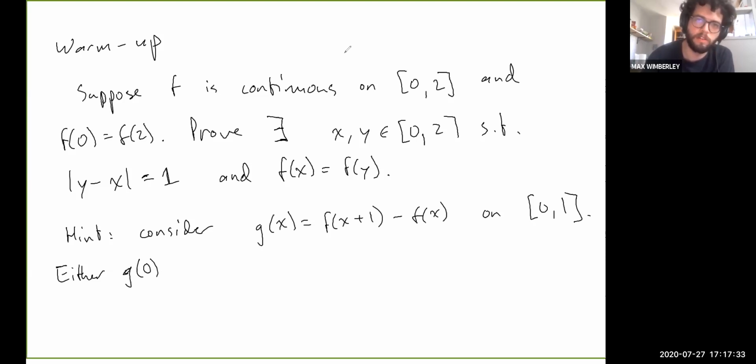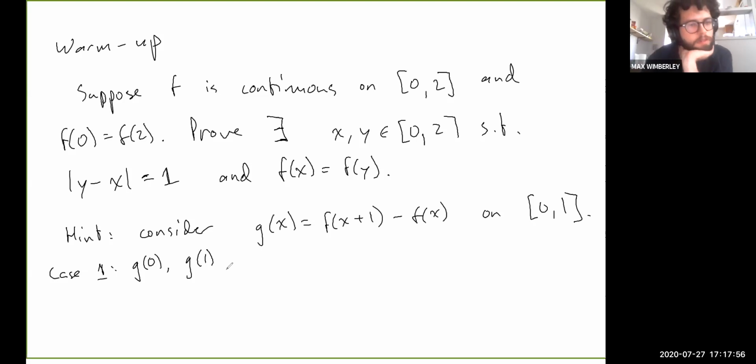So basically you can do just a couple cases. Case 1: G(0) and G(1) are... let's see, wait.